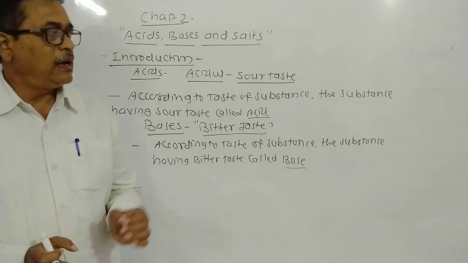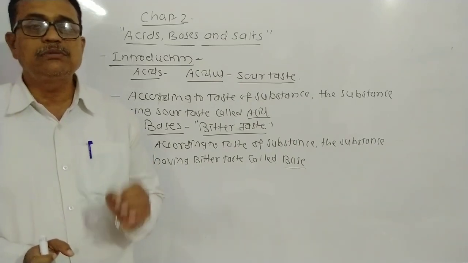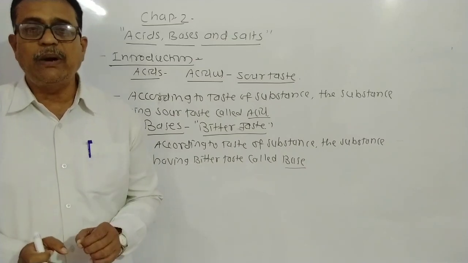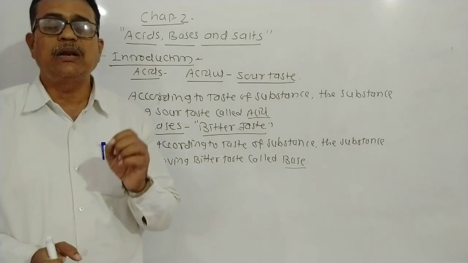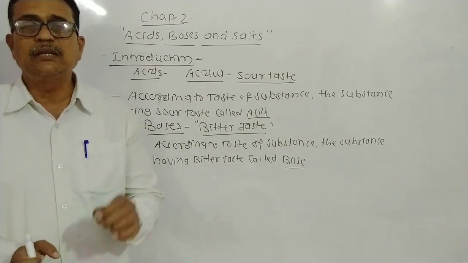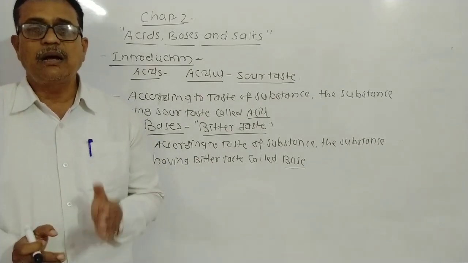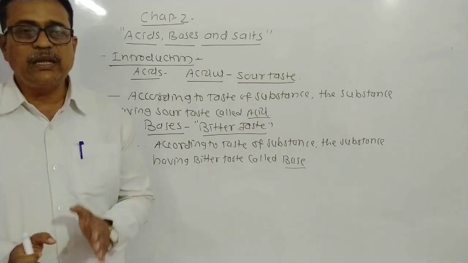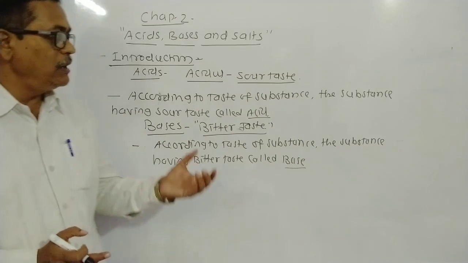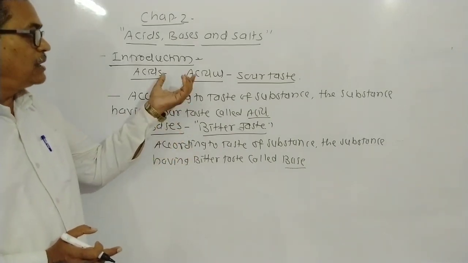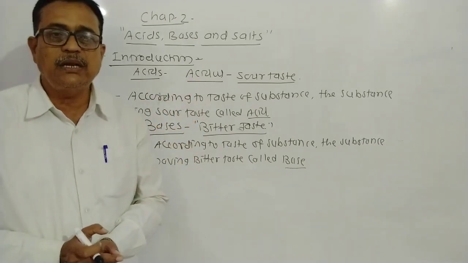The nature of a substance is indicated by a chemical or natural substance, and that is called an indicator. I hope you can understand this introduction of acid and base.